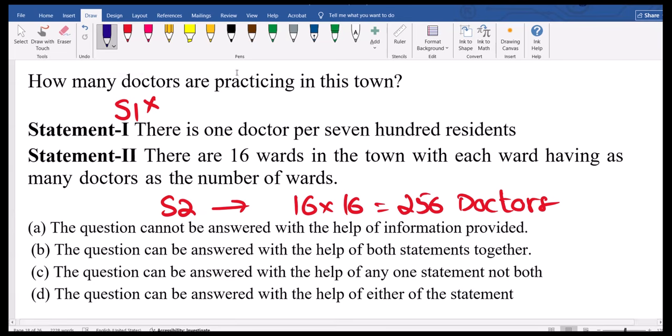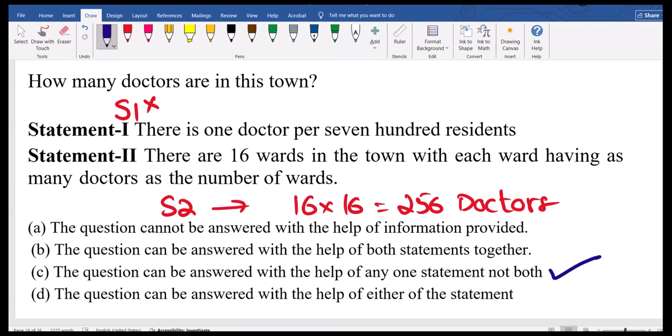If the question is how many doctors are in this town, then I can go for statement 2 alone. That is better. If it mentions practicing, here they also have to mention it. That one word also creates a bit of ambiguity, so I am removing it to avoid the ambiguity. Now it is clear: how many doctors are in this town? 16 wards, each ward having 16 doctors.